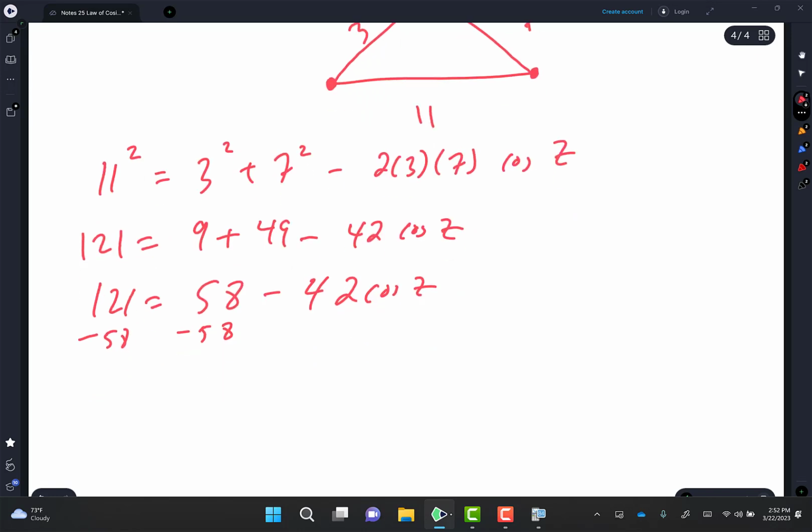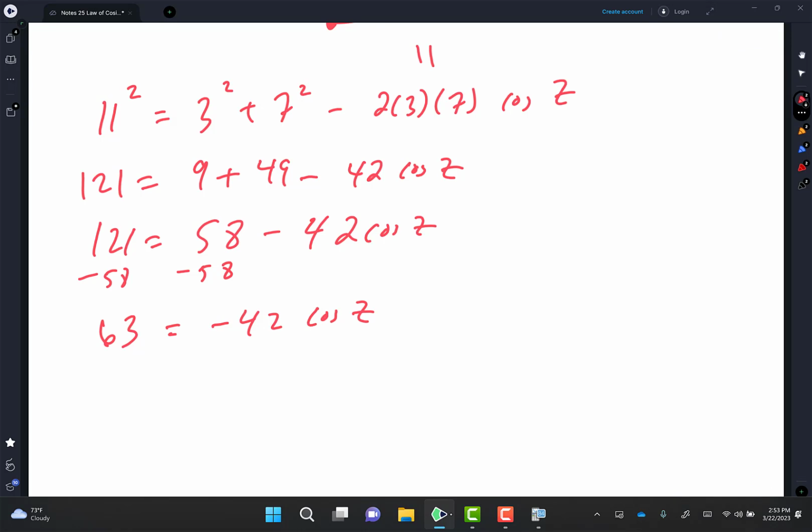So 63 equals negative 42 cosine Z. If you see me make a mistake, let me know. Divide. So cosine Z equals negative 63 over 42.